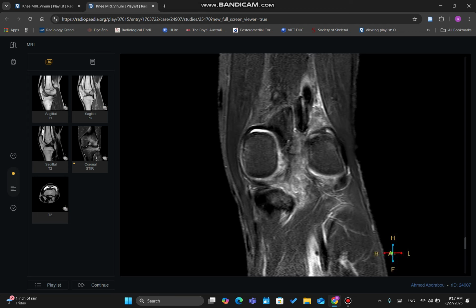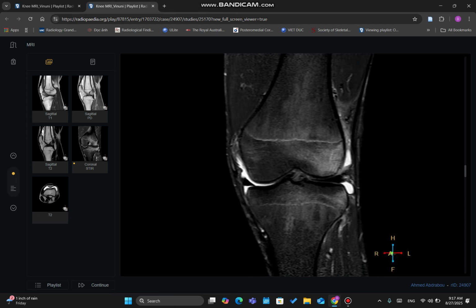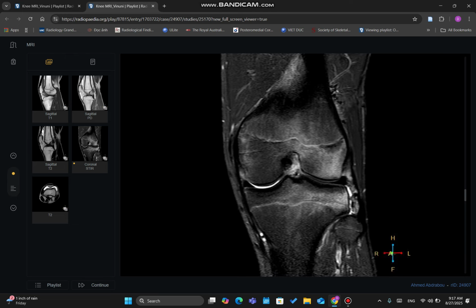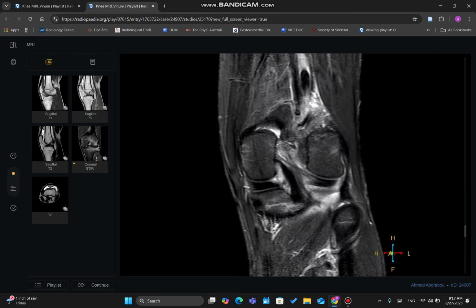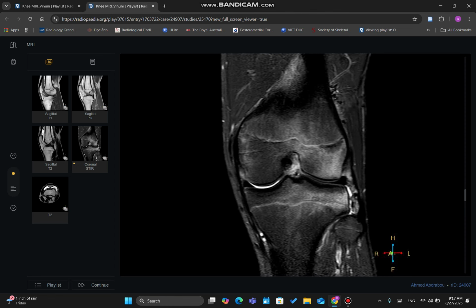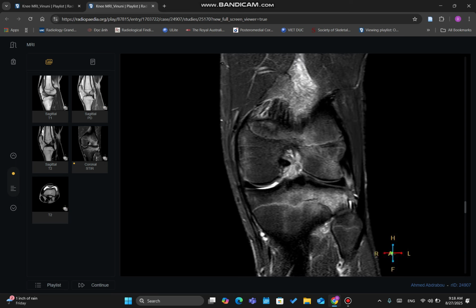Secondly, we evaluate, or assess, the bone marrow of the knee. Normally, in a normal knee MR protocol, you will have the PD fat-sat and T1.